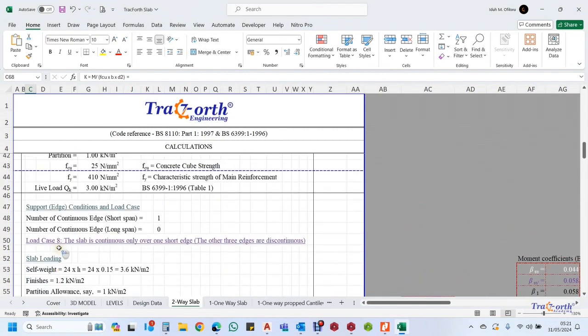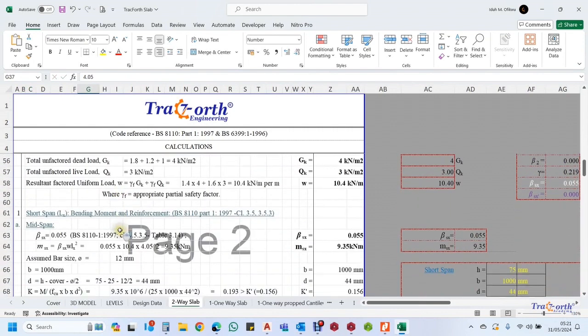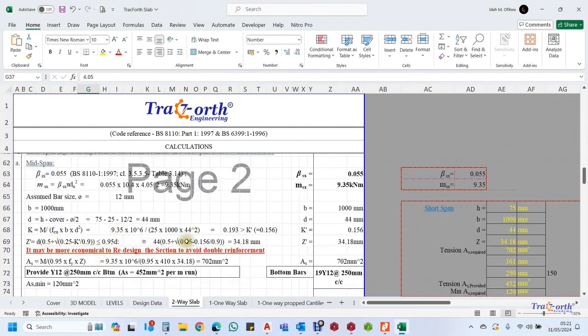Let me show you. Assuming we just make this 0.75, it's just to test it. You can see the factor here is more than 0.156, and what it means is that you have to design this section as a doubly reinforced section, and this is not advisable for a solid slab.